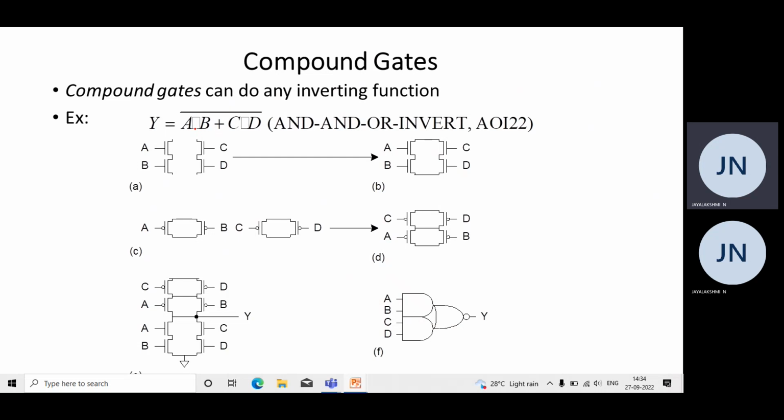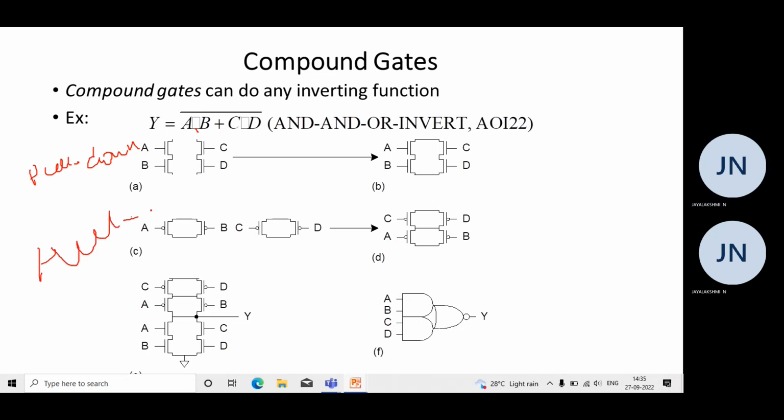So for A into B, you connect the NMOS transistors in series, and next for C into D, again in series. This is the pull-down network.